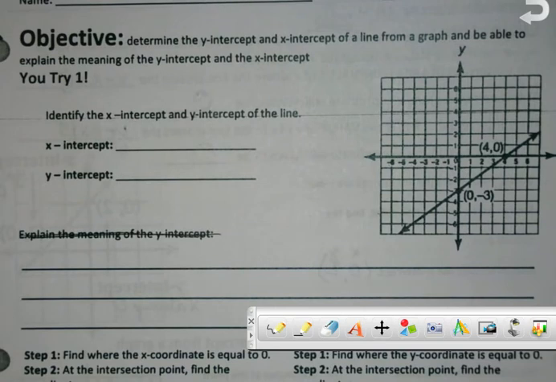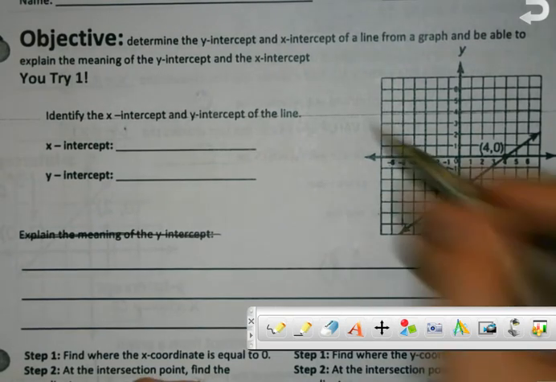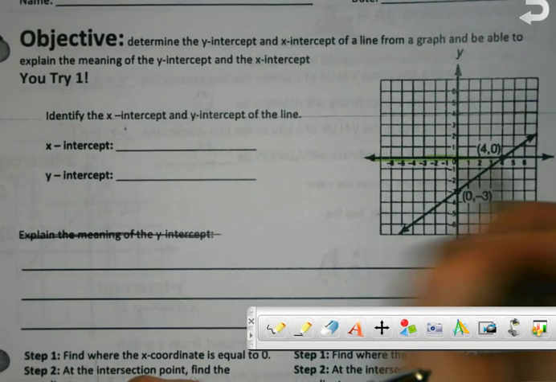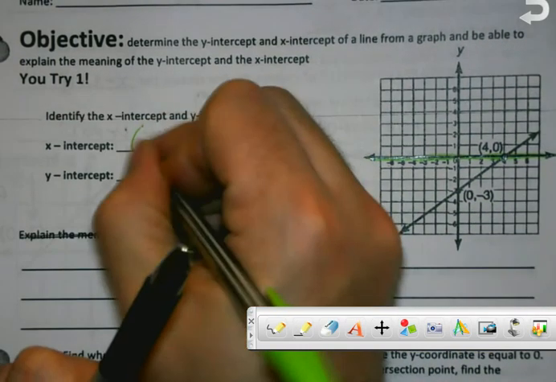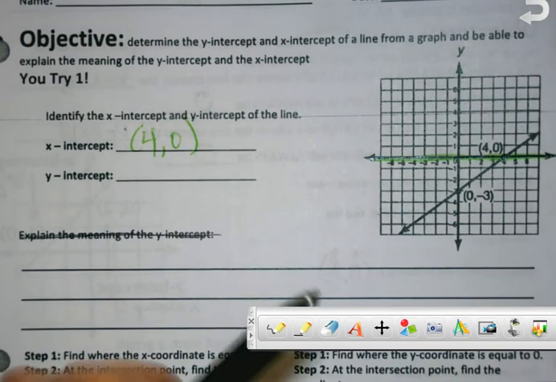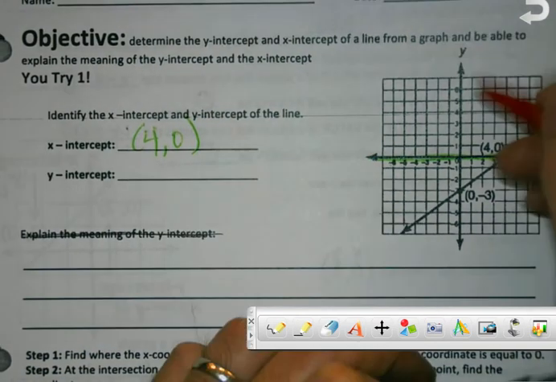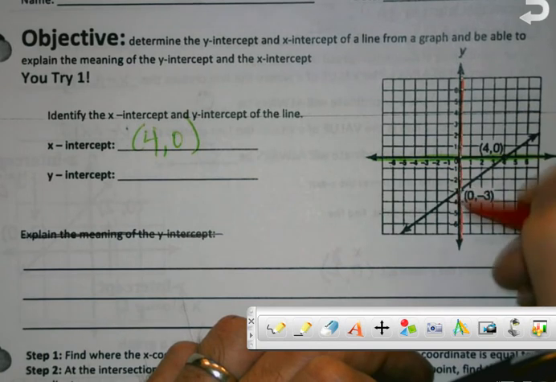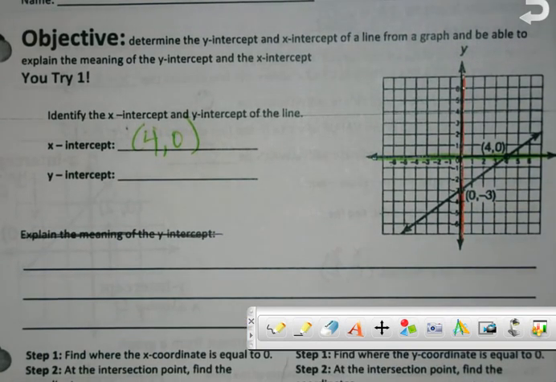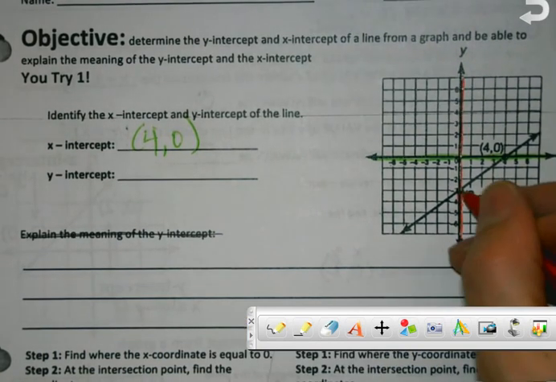Which one of those two points is my x-intercept? 4, 0, because here is my x-axis, and this point's right on it. So my x-intercept is at 4, 0. My y-intercept is the one that follows my vertical, or up and down line.